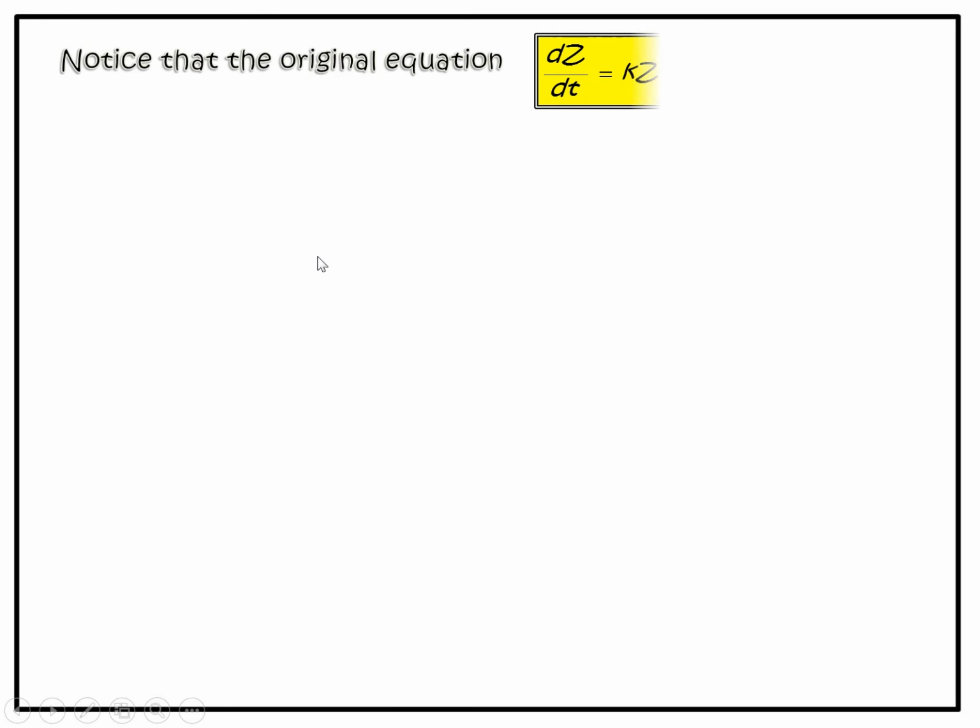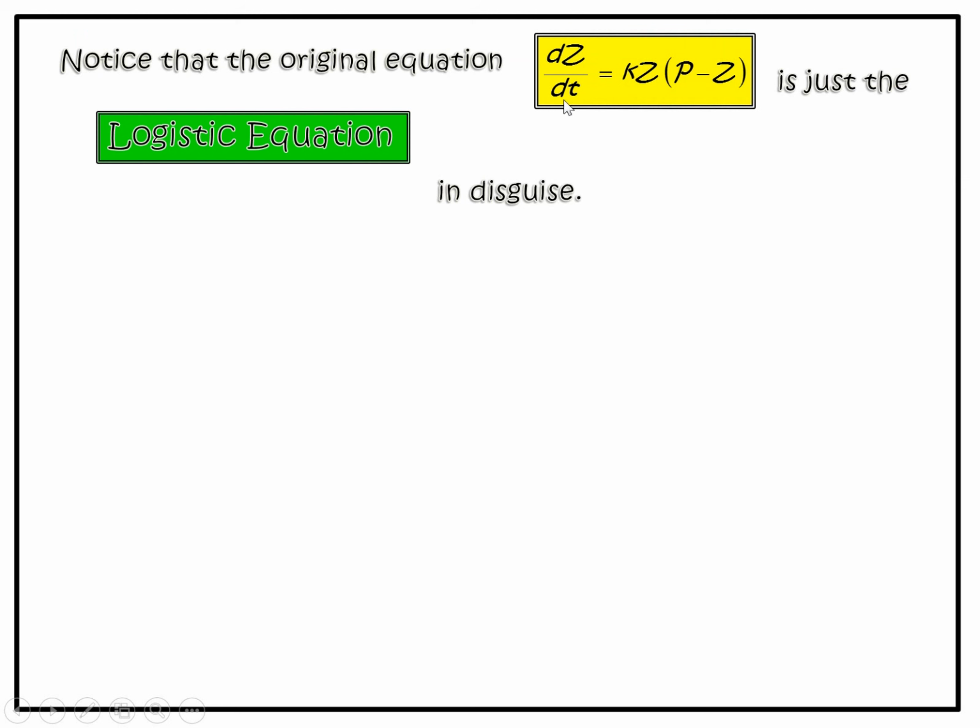So notice that in our original equation we had dz dt is k times z times p minus z, that's just the logistic equation in disguise. So dz dt equals kz times p minus z if we do a little bit of rearranging here.